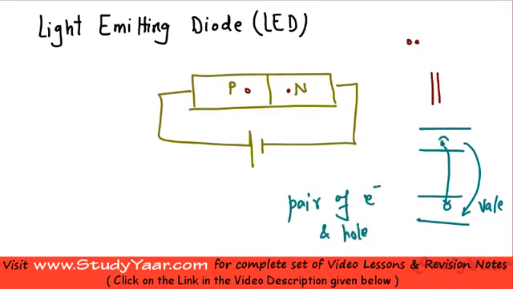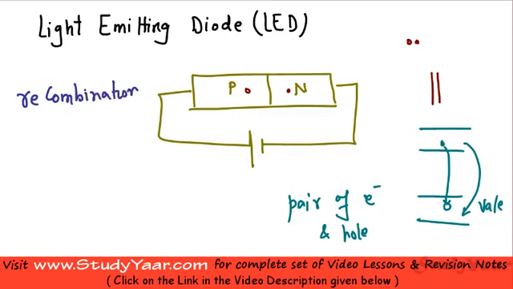Since the electron has gone back, one free electron has reduced, and since it has taken the place of a hole, that hole is reduced as well. One hole has been reduced as well. So that's the concept of recombination of holes and electrons.